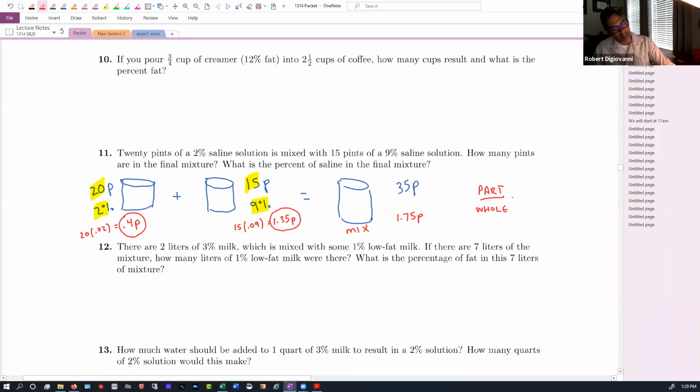The part that we have is 1.75, and we divide that by the whole thing, which is 35, and that should give us our percentage. Well, it should give us a decimal. I get 0.05, which as a percentage is 5%.